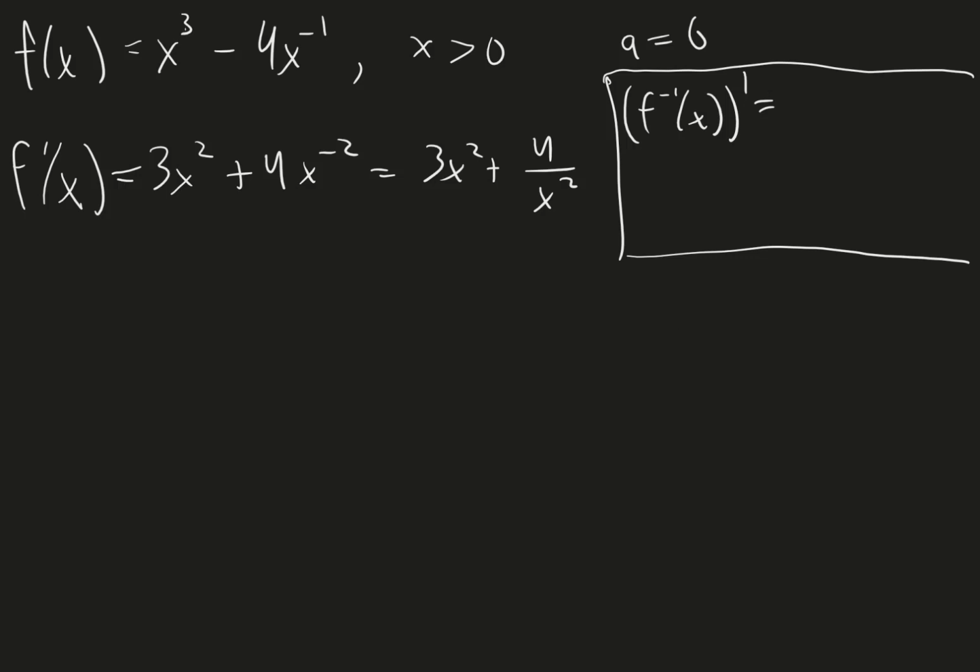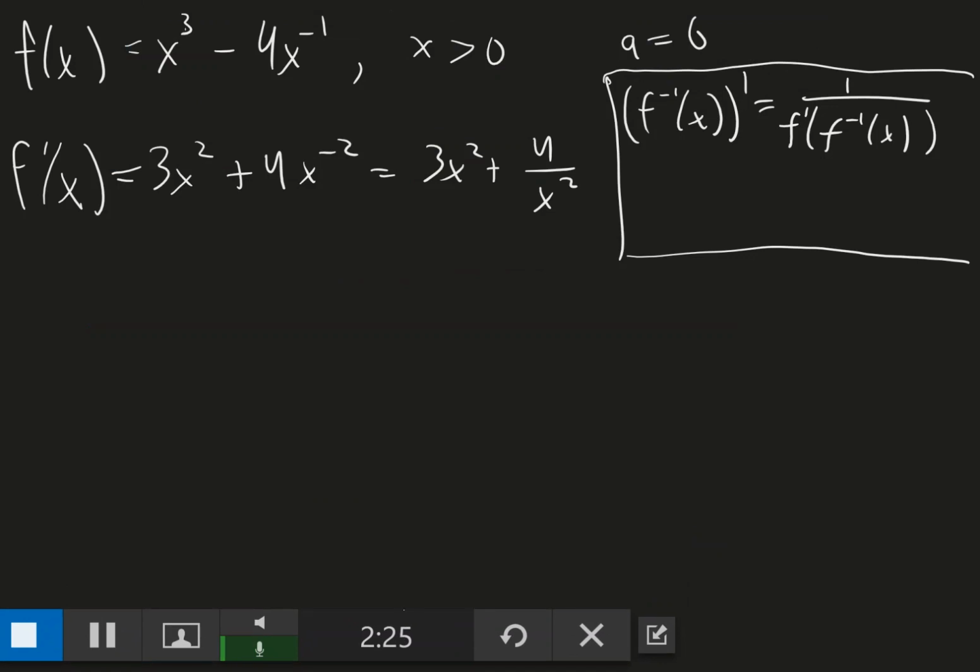So the derivative of the inverse function will be 1 over the derivative of f with the inverse of f plugged into that. And for our question, we're interested when a is 6. So we're going to be evaluating it for that.